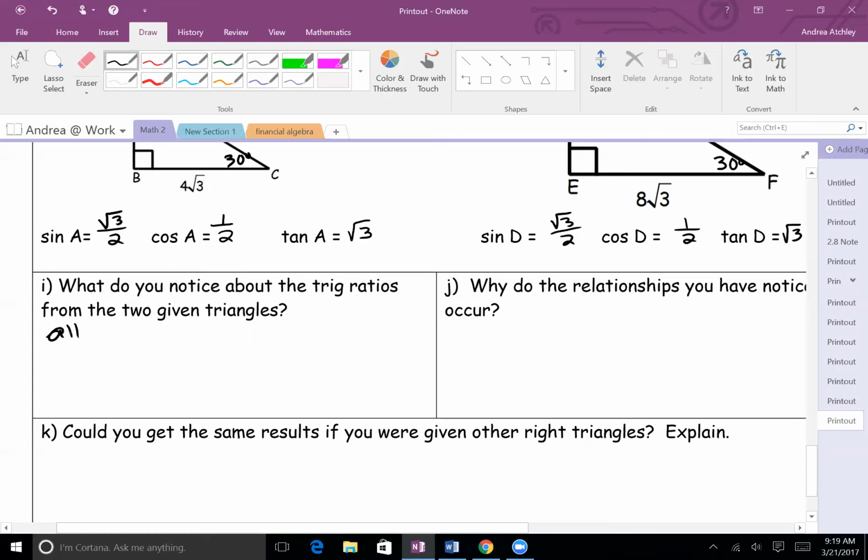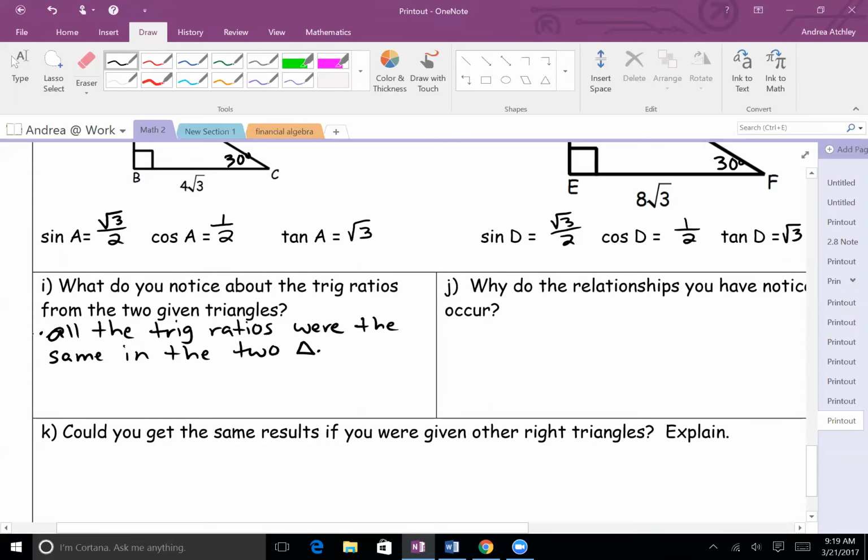So all the trig ratios were the same in the 2 triangles. Okay, anyone else notice something?